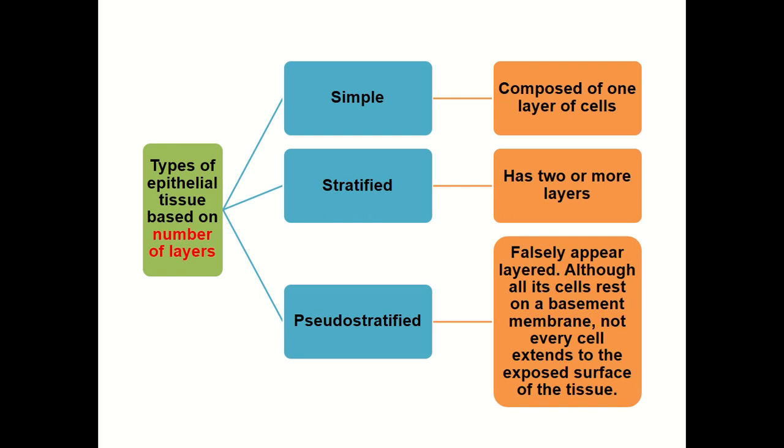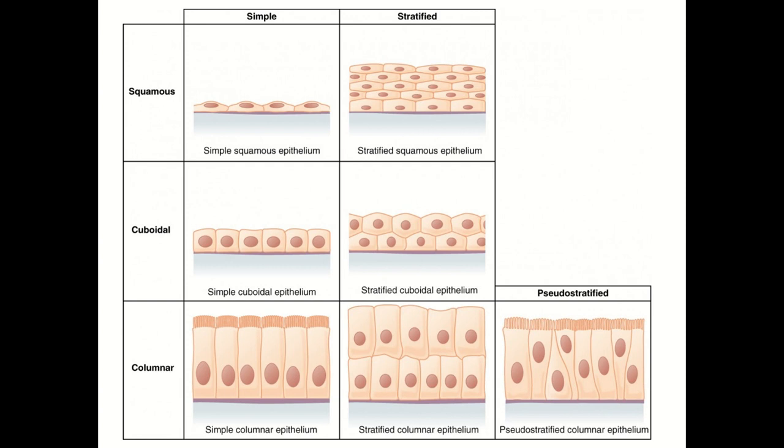Stratified has more than one layer of cells, and pseudostratified means it does not have a real layer, so it falsely appears layered, and although all its cells rest on the basement membrane, not every cell will extend to the exposed surface of the tissue. So let's look further.